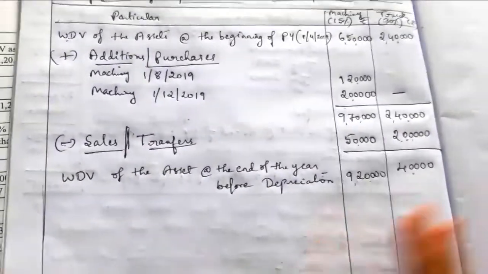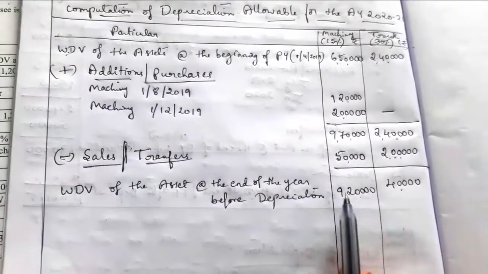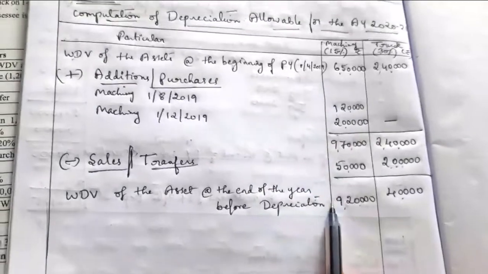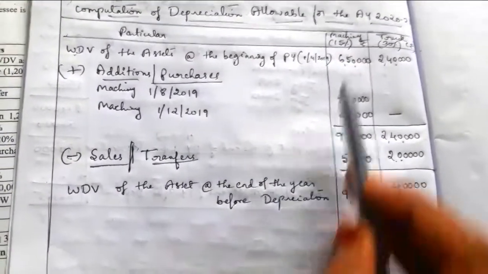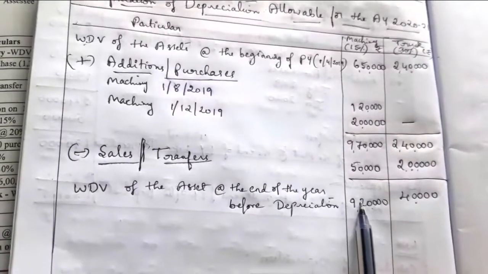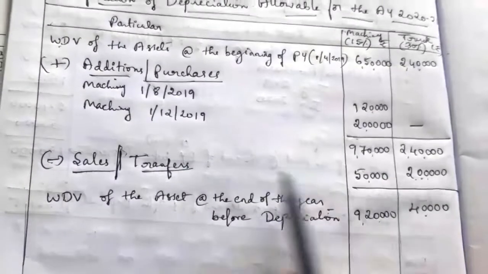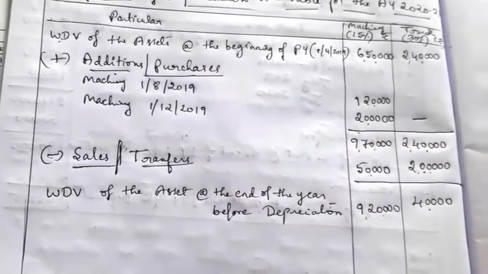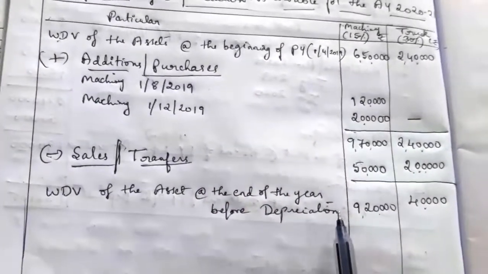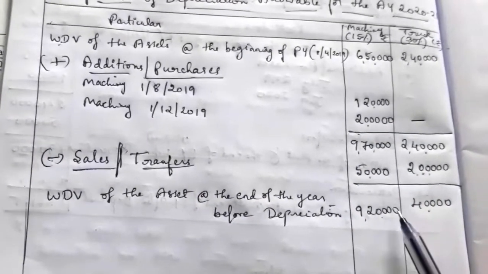Next we have to calculate the depreciation on this written down value, for the plant 9,20,000, before charging normal depreciation. In the case of machinery, we have to charge normal depreciation as well as additional depreciation. In normal depreciation, we check whether any asset is used in the business for less than 180 days. If there is, we charge 50% depreciation.